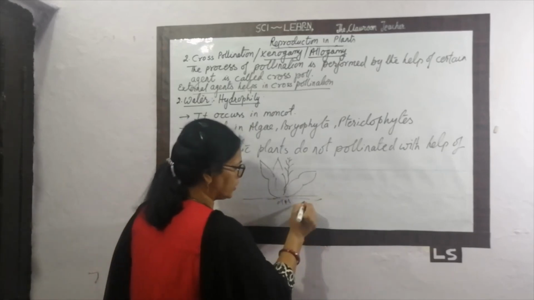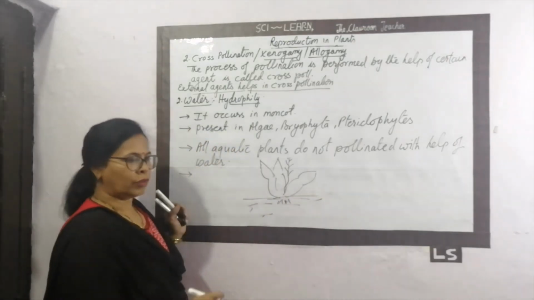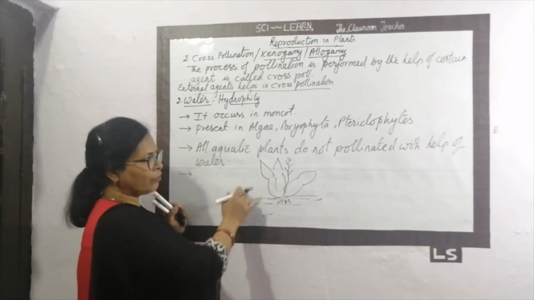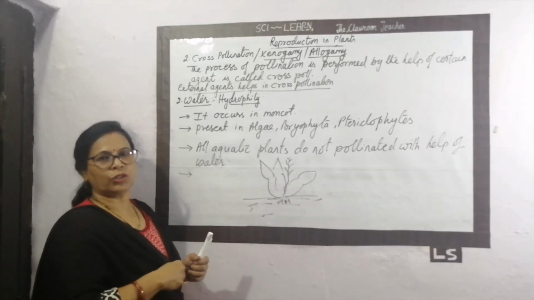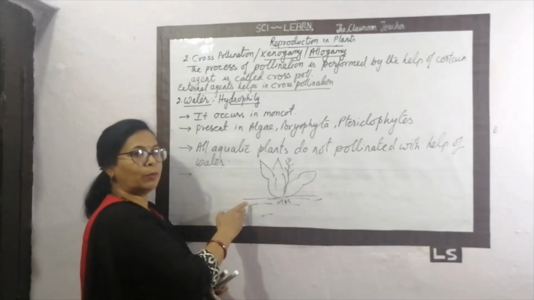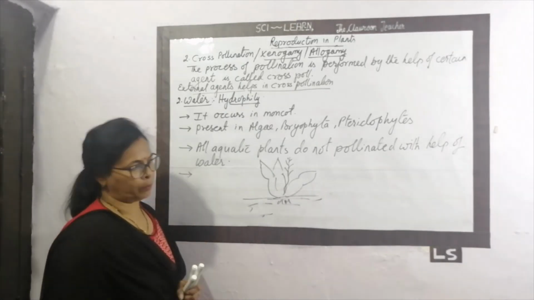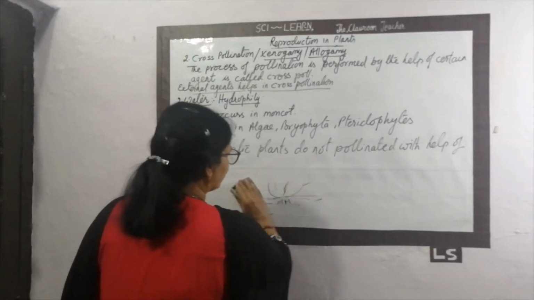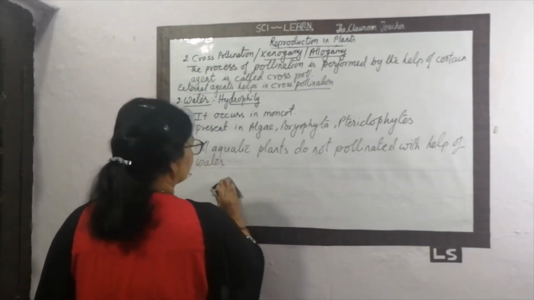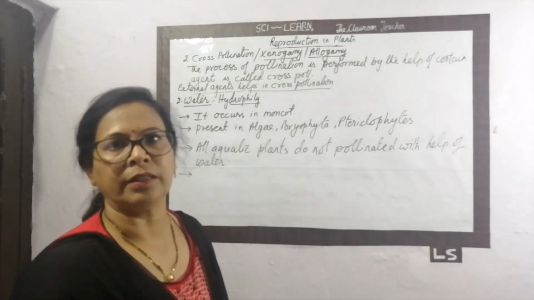Water is here only, this is the water level. So water is unable to transfer the pollen from here to here. It means water, as an external agent, is not helpful for this type of aquatic plant. So all the aquatic plants do not pollinate with the help of water, such as the water hyacinth and water lily. These are placed in this row.